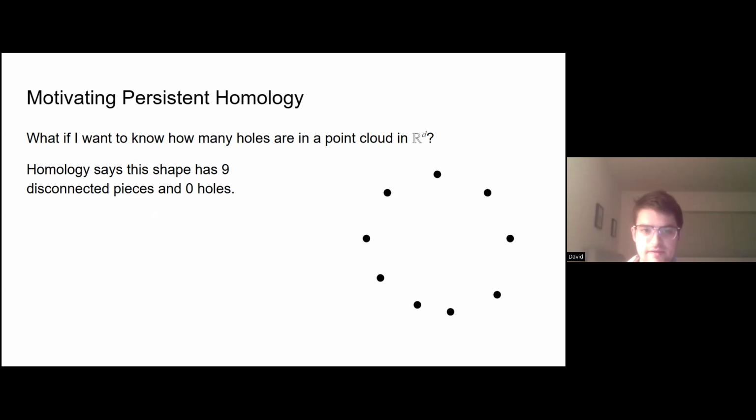There are 9 points in this point cloud. But if I were to thicken this point cloud a little bit using a simplicial complex structure, now I have a new shape that has a one-dimensional hole and one connected component. All right, it looks like a circle.